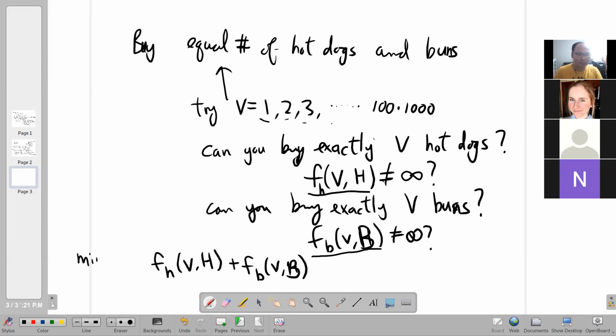So you're going to minimize this expression over V from 1 up to 100,000, 10 to the 5. And you don't even care if you can't make it. If one of these is infinity, then when you take the minimum, it should be automatically removed because you never consider infinity as a minimum. And that's the answer.